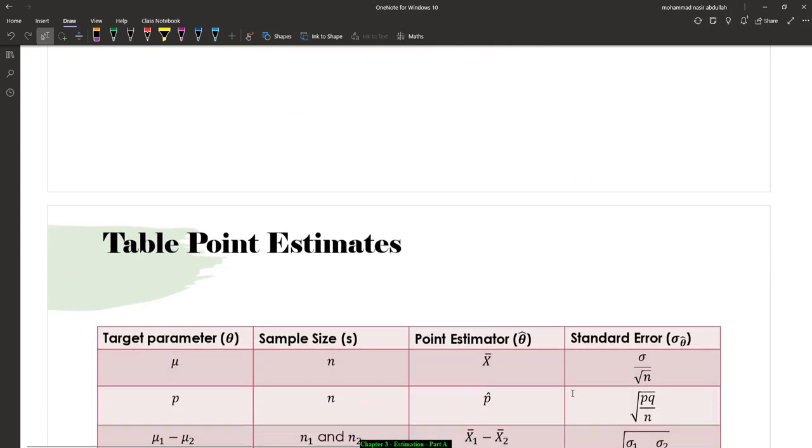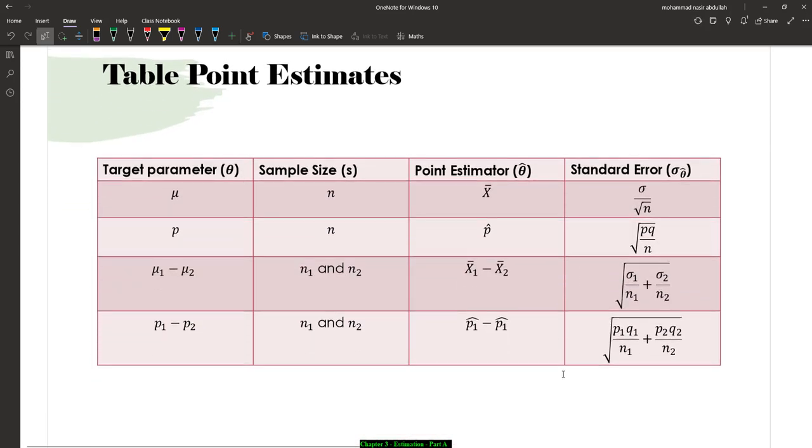So let's look at a table of point estimates. Let's say you have a target parameter. Just to be clear, I want you to understand the definition of parameter and statistic. A parameter is a statistical or numerical summary taken from the population. A statistic, without the S, is a numerical measure calculated from a sample, right?